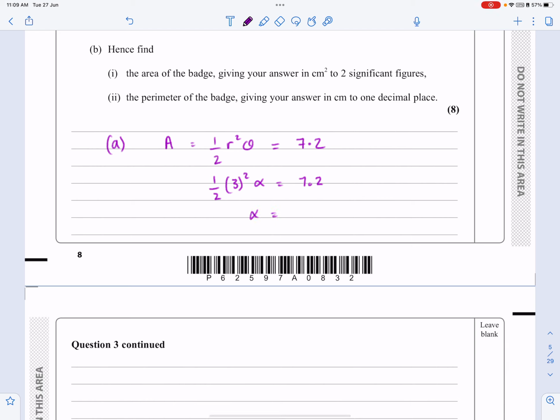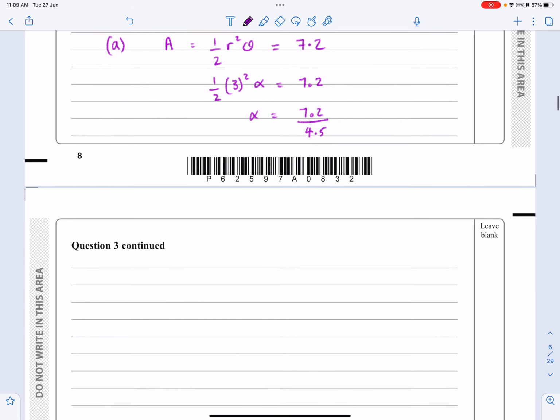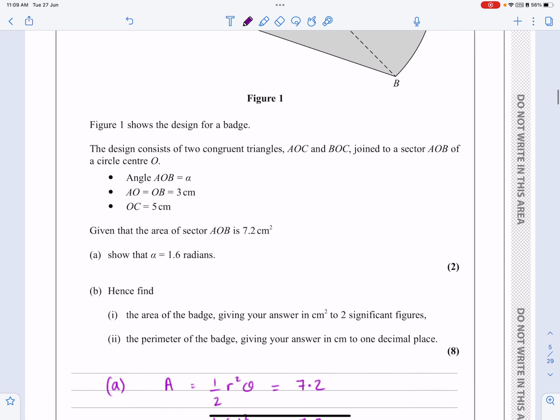So alpha works out to be 7.2 divided by, well, it's 9 over 2, so that's 4.5. Divided by 4.5, so alpha is going to work out to be 1.6 radians, just as they asked me in the question to show.